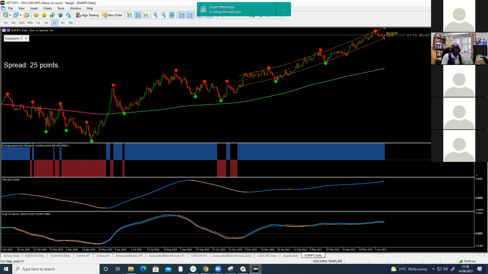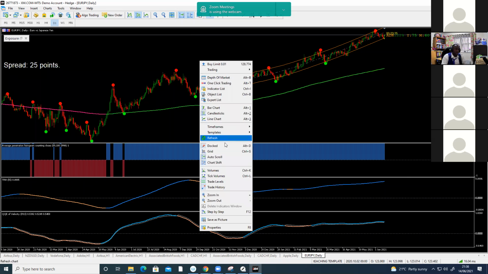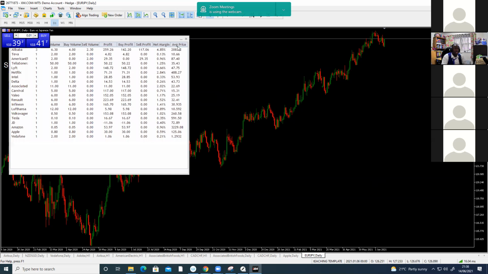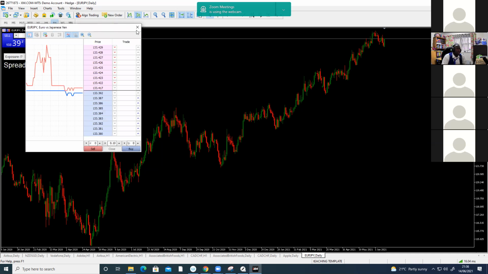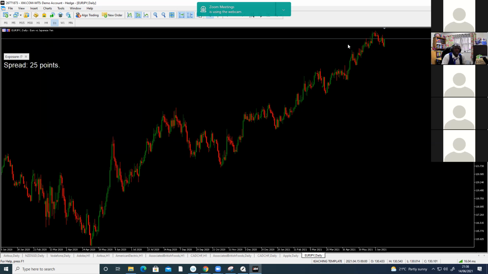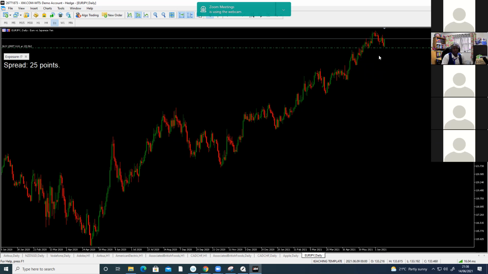So basically, let me just go back to a blank chart there, because sometimes you have to go to the blank chart so you can see it a bit clearer. And I put buy there. Remember we said this, don't worry about this, this is just to help you work out. So if this is where we said we're putting it and it's 70 pips, so 80 pips, that's where we're risking.